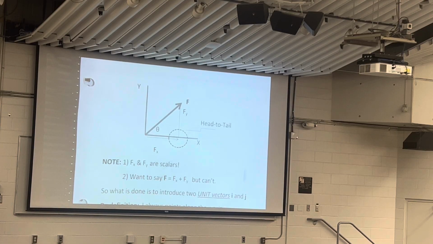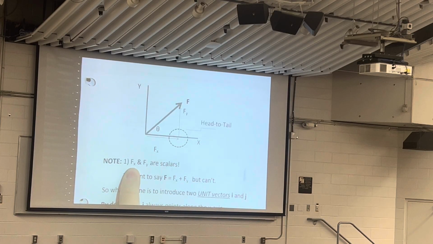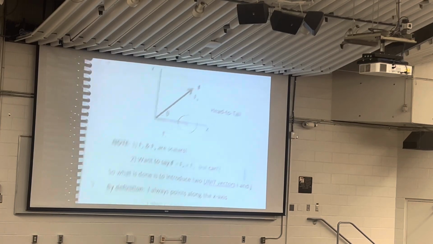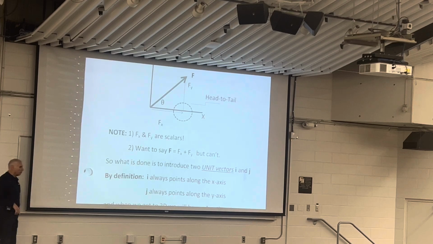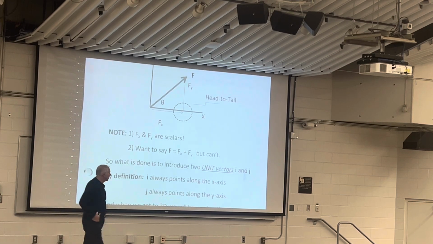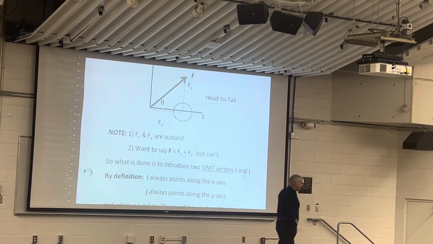So, what we're saying is we're going to break things down, this force into an x and a y. I'm still obeying head to tail. Please note, fx and fy are scalars. So, I want to say this. F vector, that's why it's bold, is equal to fx plus fy. But I can't.